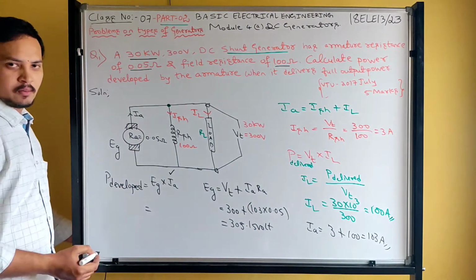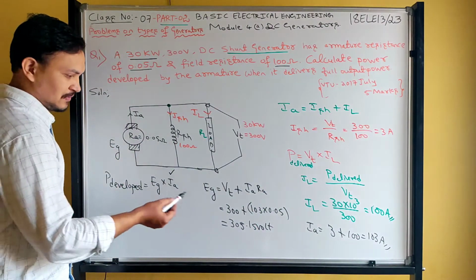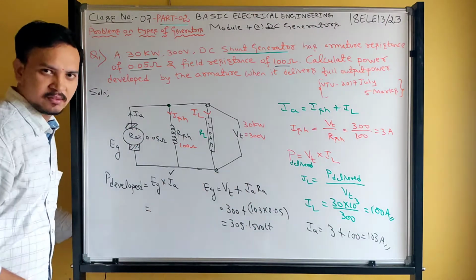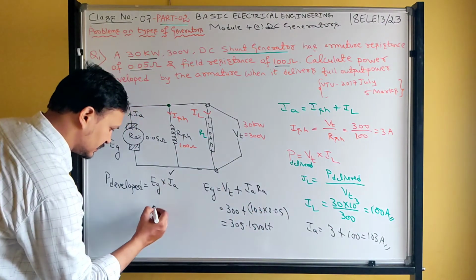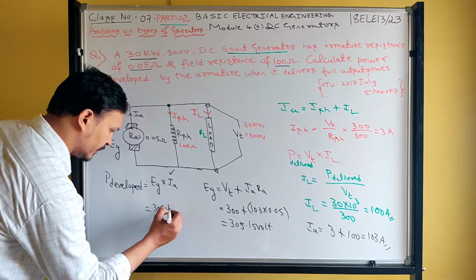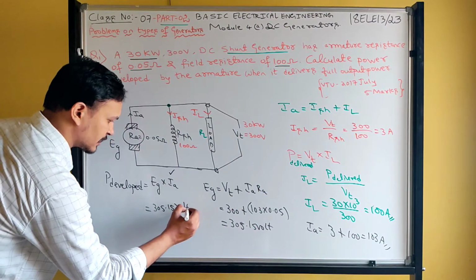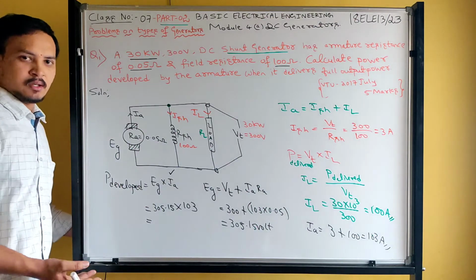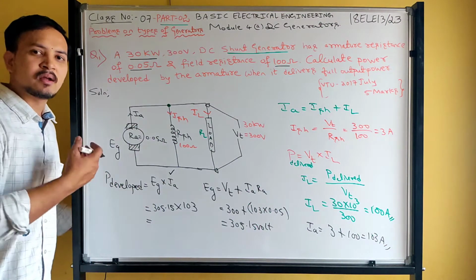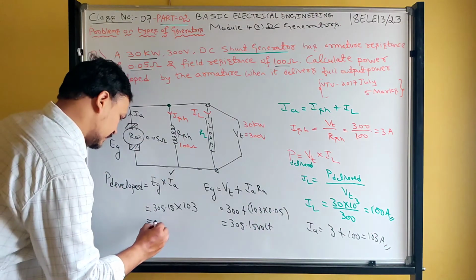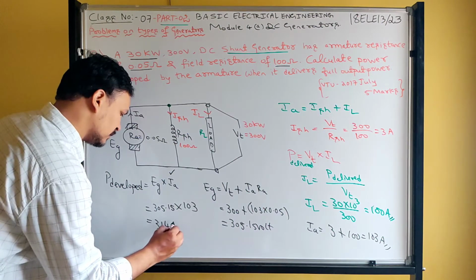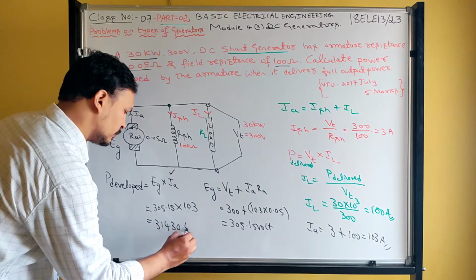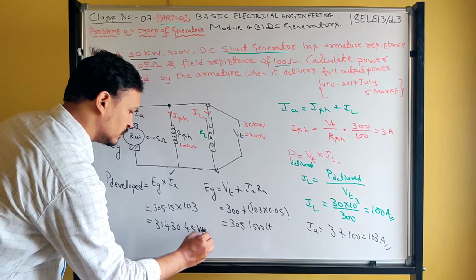Now we got power developed. Eg value this one, Ia value that one, 103. So what is Eg? 305.15 into what is the armature current? 103. Guys, now multiply these two readings. That gives your power developed. So what is the answer? 31,430.45 watts.